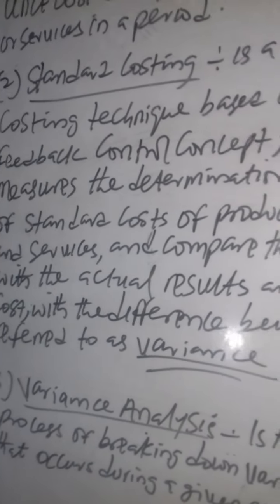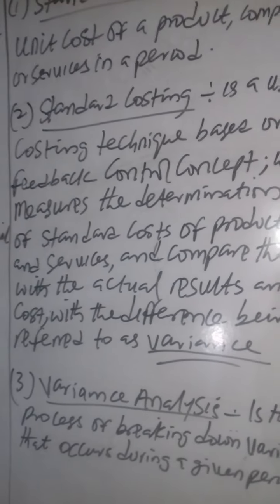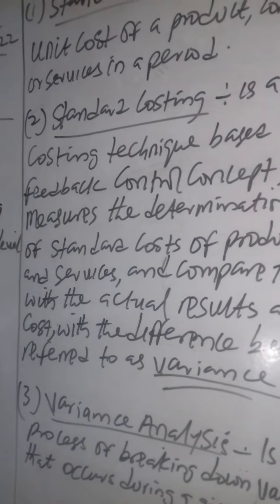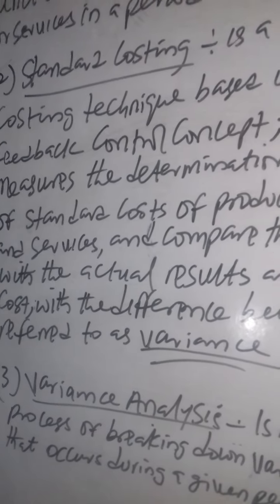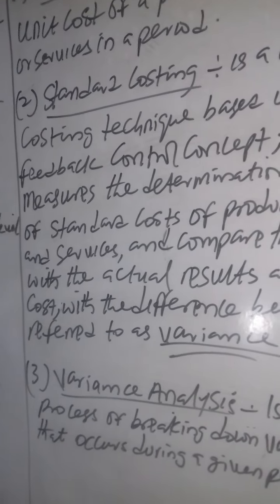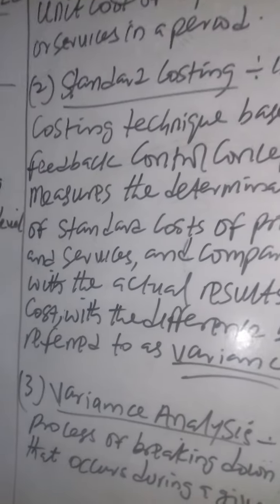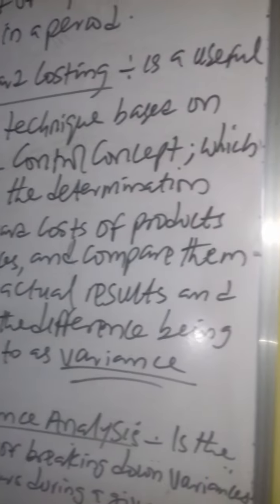What we're trying to say here is that standard costing is a principle of costing that compares budgeted amounts or standards against the actual results. And this can only be done when feedback from the past period is brought to the fore for us to project the future.